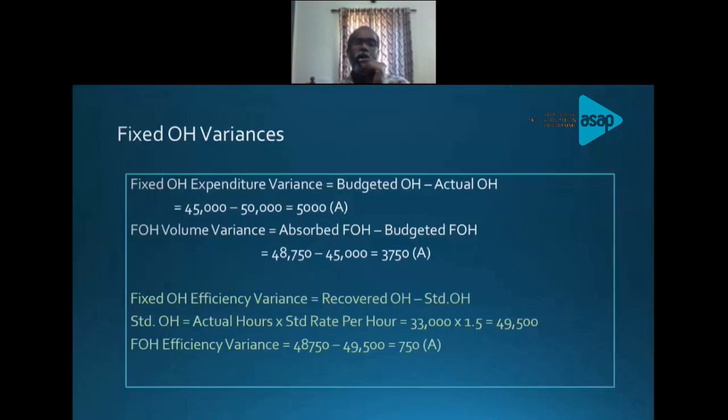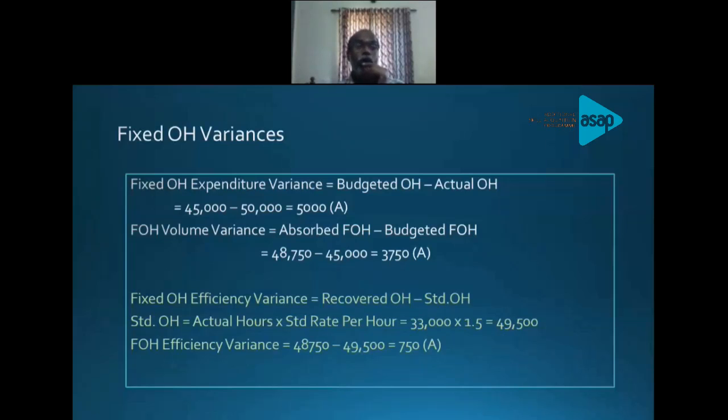And we have fixed overhead efficiency variance. It is calculated using recovered overhead minus absorbed overhead. Recovered overhead is calculated by applying the equation actual hours into standard rate per hour. Actual hours is 33,000, readily given in the question, and standard rate per hour is 1.5. We have computed it, 1.5 fixed overhead per hour.